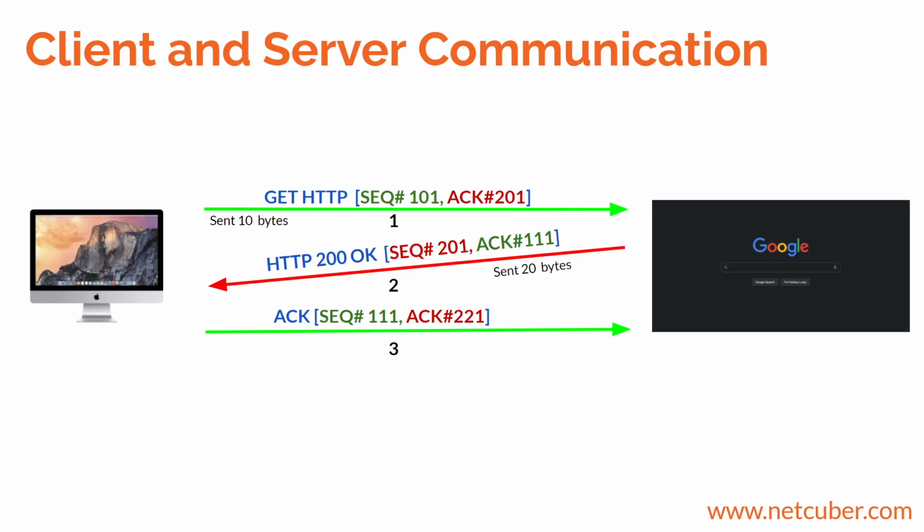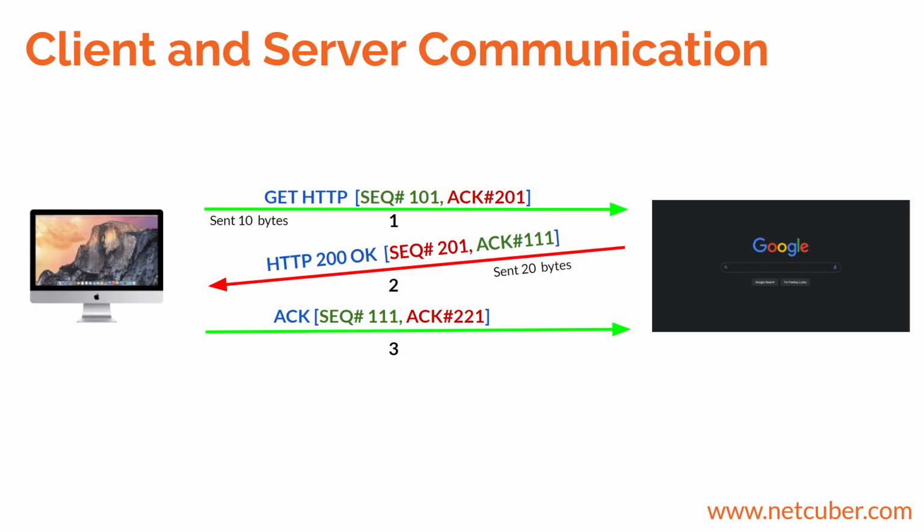And he's sharing the latest sequence number. So what happens in the recent communication: the server sequence number was 201, and no additional data has been sent off. So it is using the same sequence number, but here the client sequence number is getting updated.